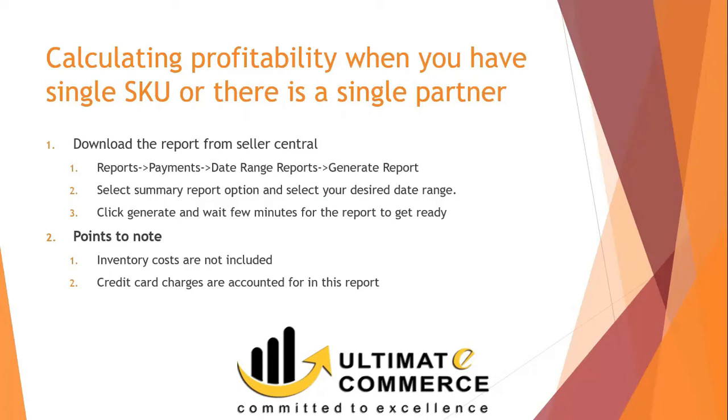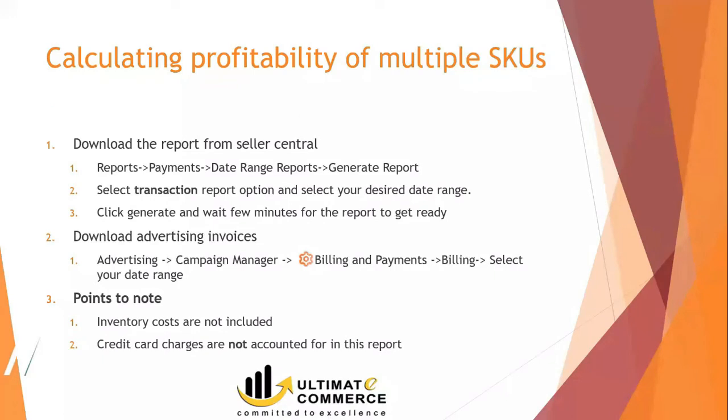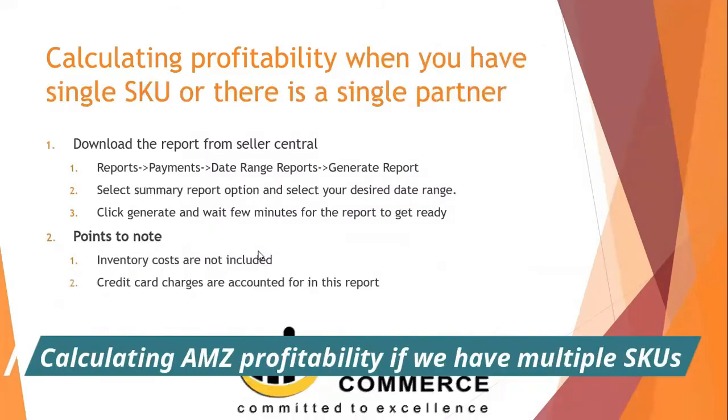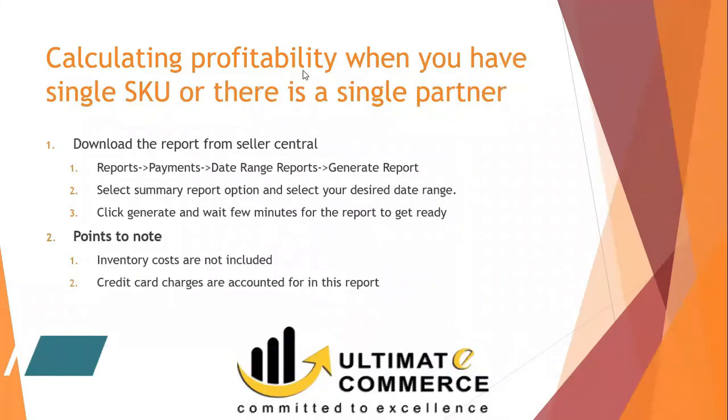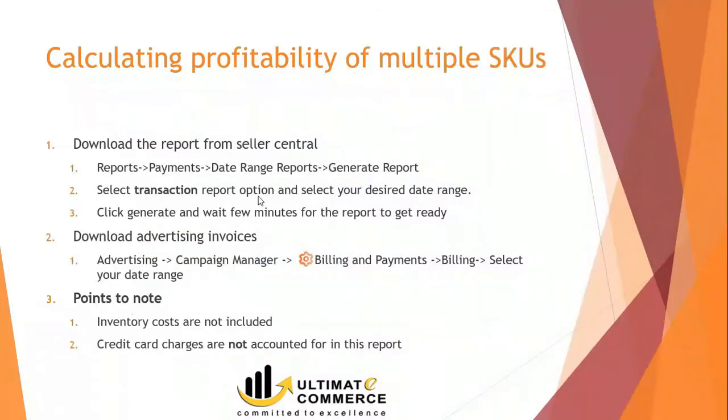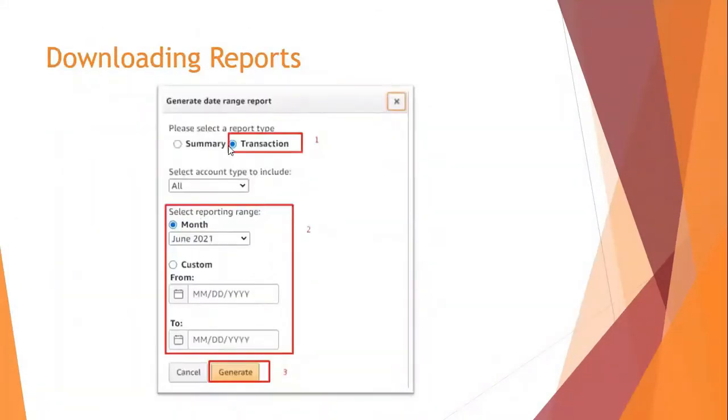So it was pretty simple if you have only one SKU or you are the only partner. Now the difference between single SKU and multiple SKUs is that you have to select the summary option if you have only a single SKU, and you have to select the transaction option if you are going to account for multiple SKUs.